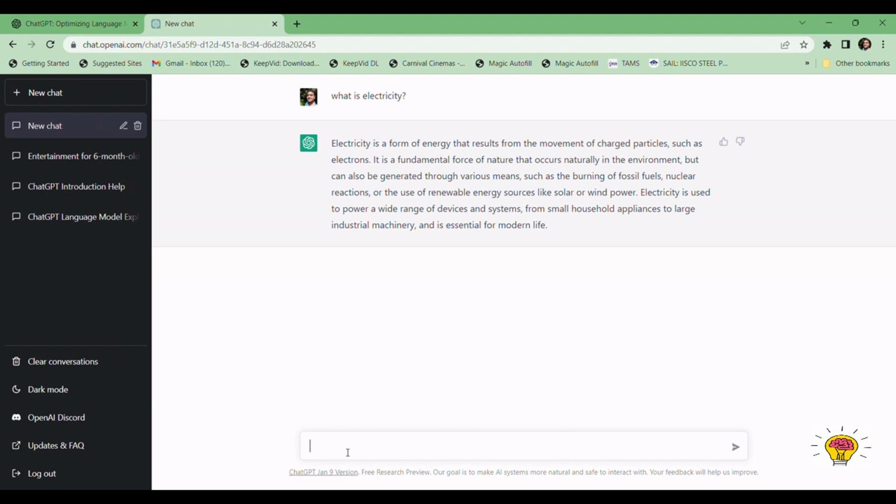Now, I had asked this question several times over several days, but it is giving the same answer. So it means it's also a kind of search engine, but actually it combines many searches and gives a response.